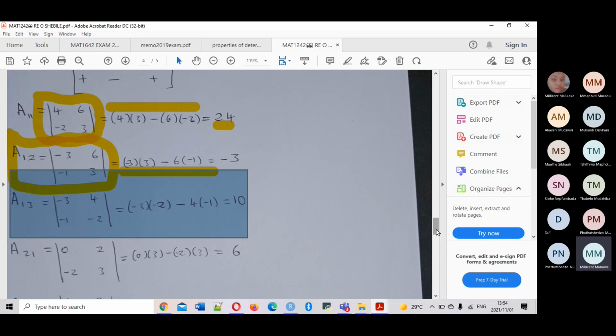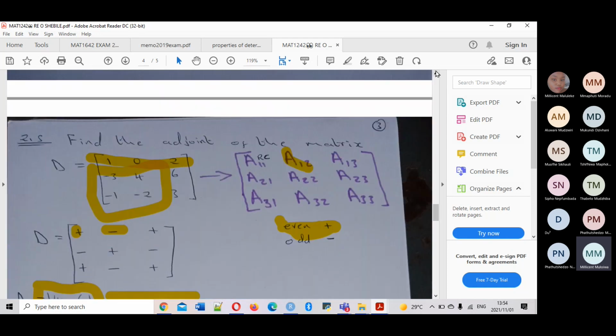In A21, we first move the horizontal line here.